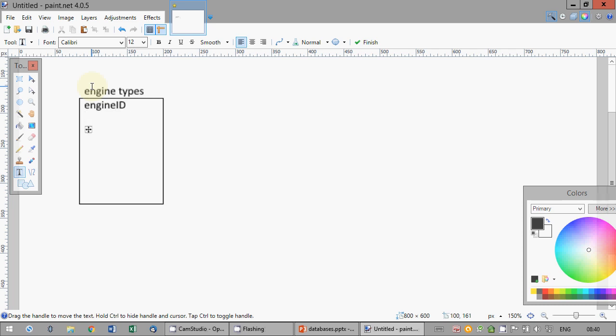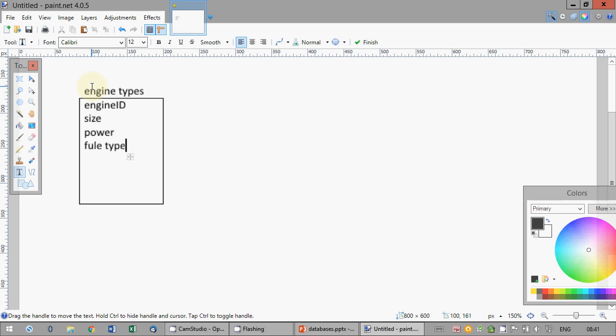Okay, what are the features of an engine? Well, the size. The size usually is in cubic centimeters. The power, the fuel type. Okay, it can be standard gasoline or other types of fuel.